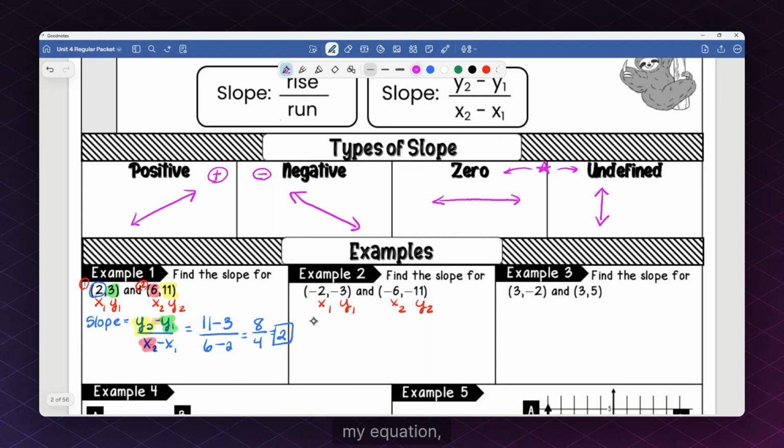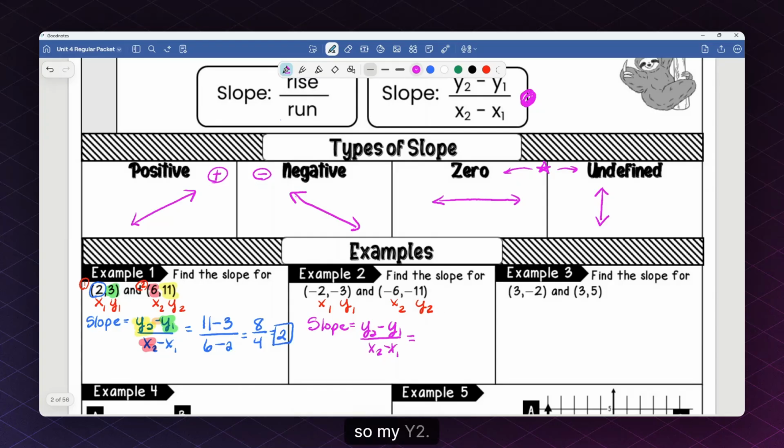Okay, my equation, I'm going to write it over again. Slope equals, and so I'm just writing this equation over again, this one up here: y2 minus y1 divided by x2 minus x1.